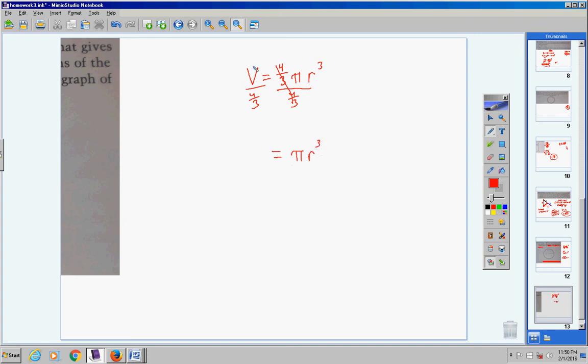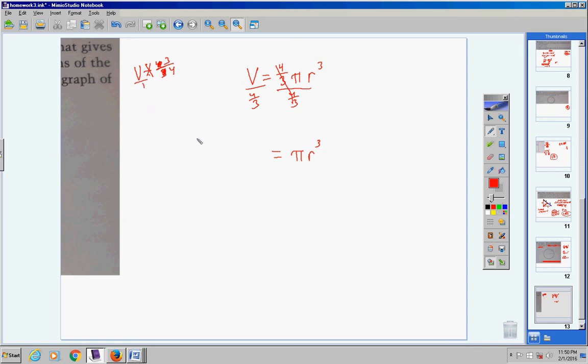Now, V divided by 4/3, right? V divided by 4/3. So here we go. We're going to simplify this. That means what? Times, and flip the second fraction, 3/4. So we have V times 3/4. V is over what? 1.